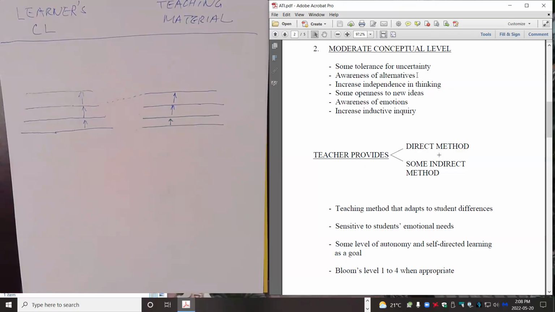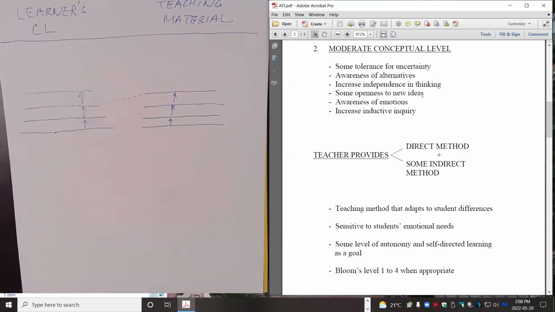Okay? So that means what? So nothing is fixed. Okay? There are other points of view. So increased independence in thinking. So they are not that rigid. Now they can think for themselves. So thinking here, from concrete operational where we have the word rigidity, now more flexibility.